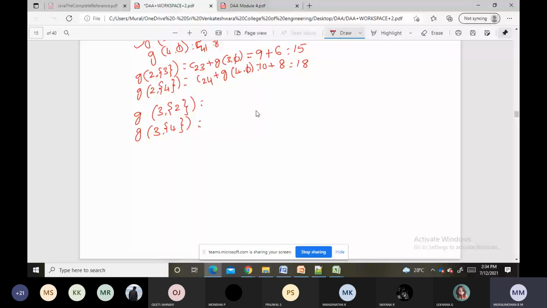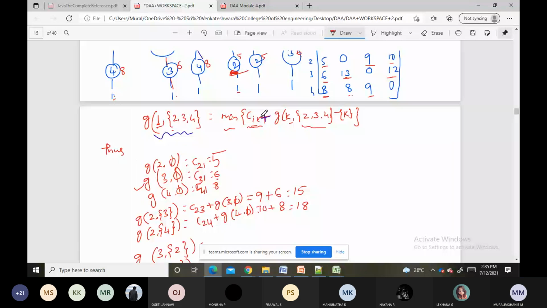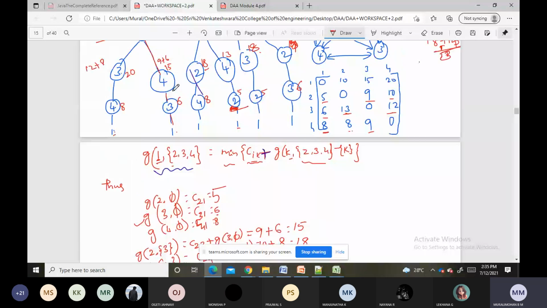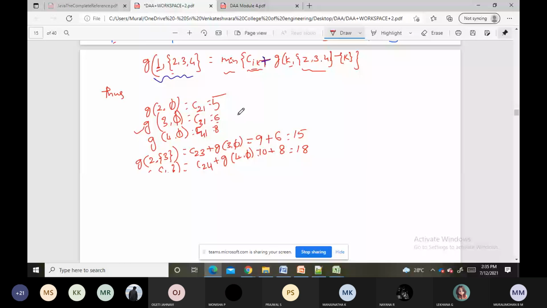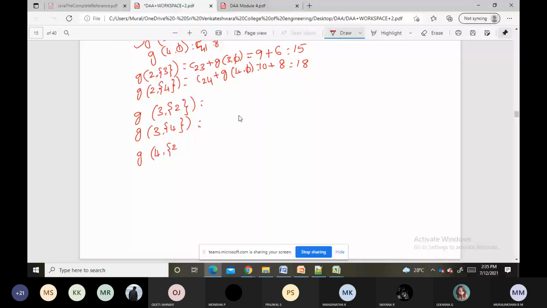So we should calculate again, it is 4 to, suppose we are at vertex 4, then we can go to 3, then to 2, right? So it is 4 to 3 here. We should calculate all of this.